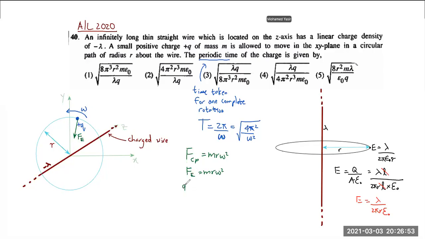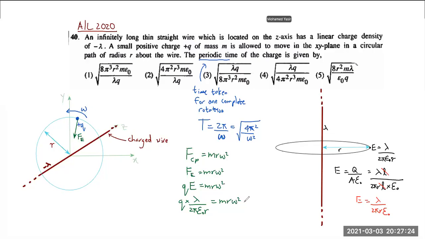Electrostatic force is charge into electric field intensity, QE, equal to m r omega squared. Q, m and r are there in the question. We need to find omega squared. But E is something we should have found separately, and that we have found. So for E, I will substitute that value: lambda divided by 2 pi epsilon naught r equals m r omega squared.